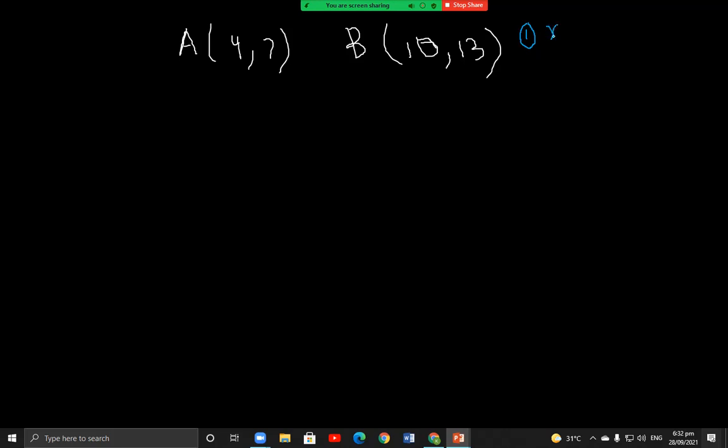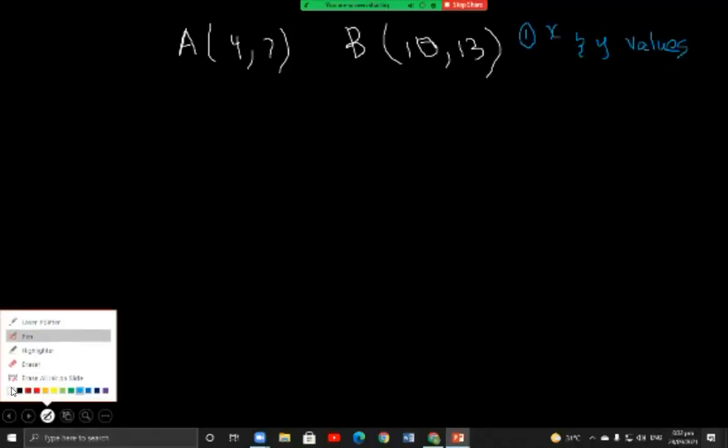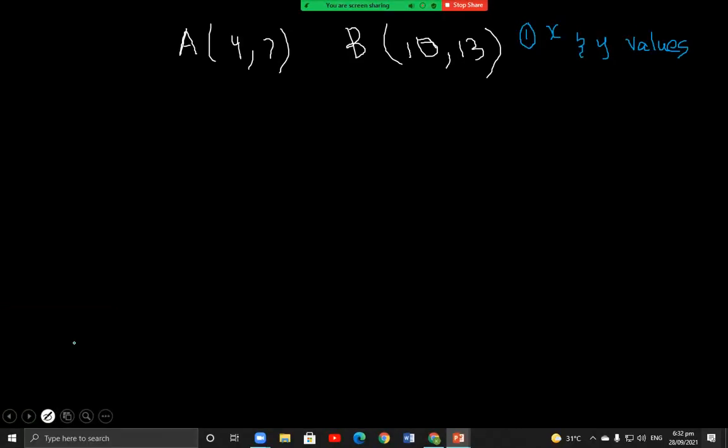So identify my x and y values. If I wanted to choose point A, (4, 7), as my x1 and y1, what's x1?